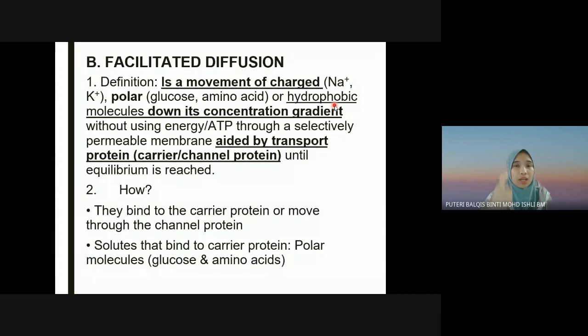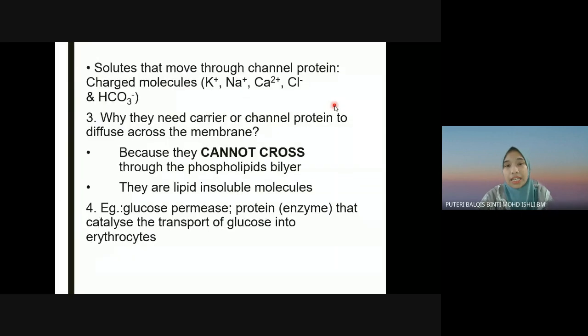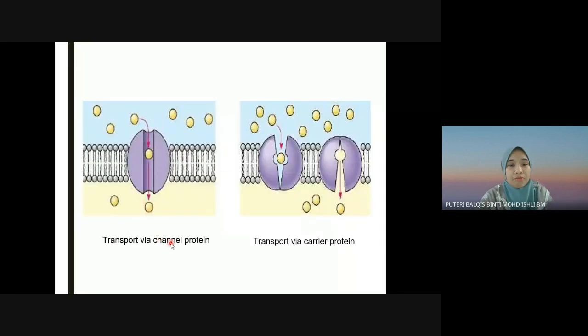Charged, polar, hydrophobic are the molecules that can move down their concentration gradient through a selectively permeable membrane aided by transport protein until equilibrium is reached. So how do they move? If it involves a channel protein, it will move, it just passes through.